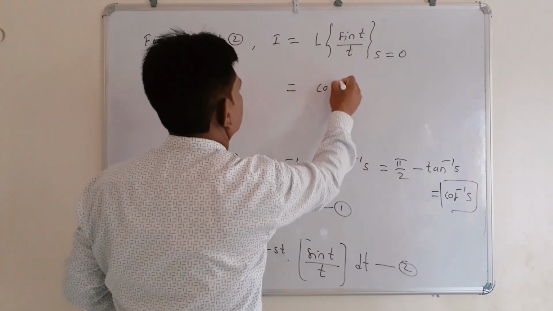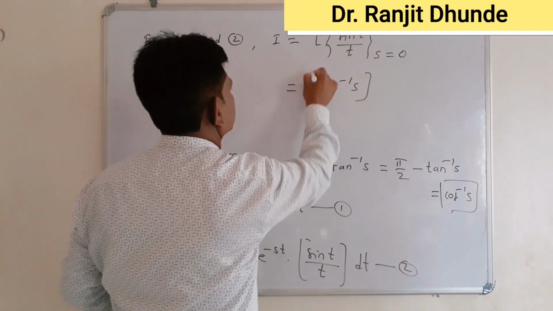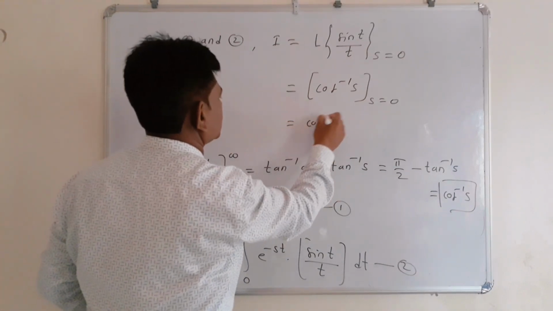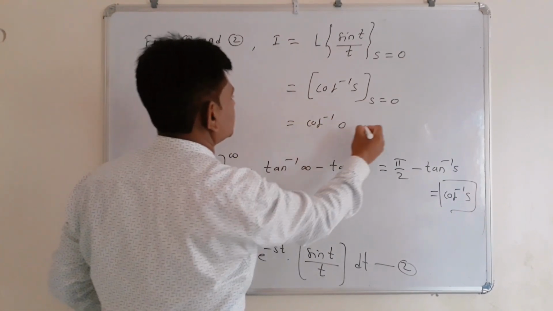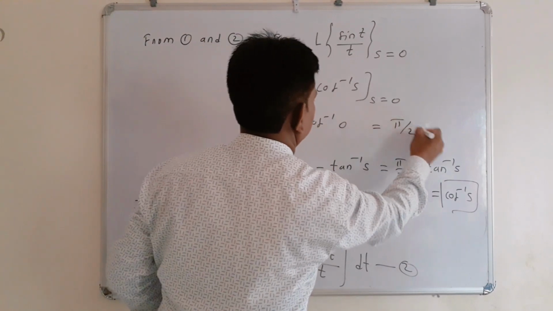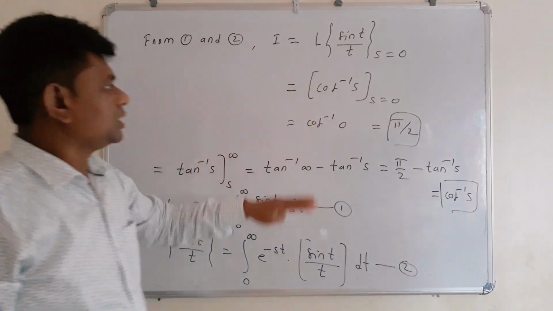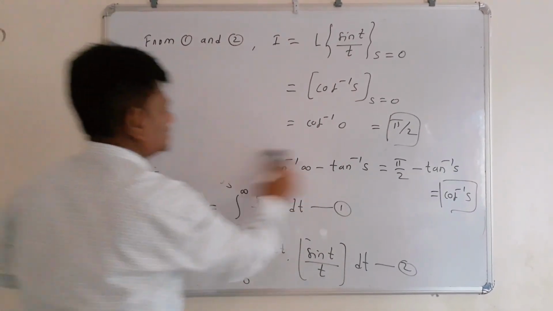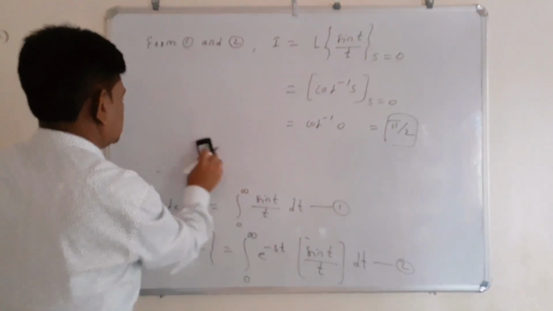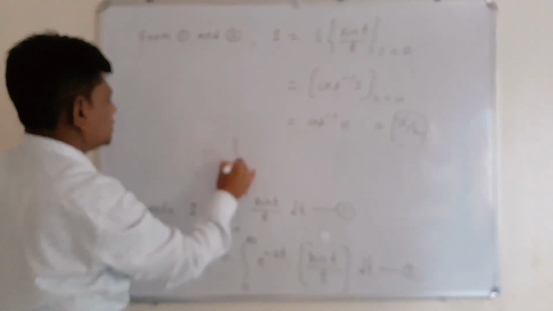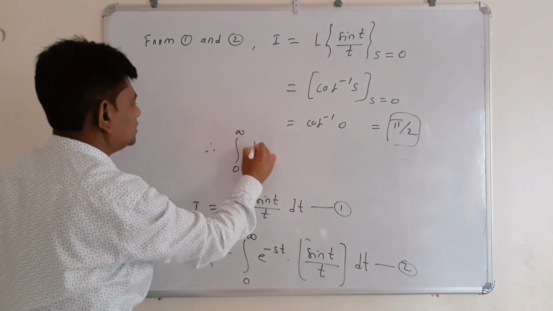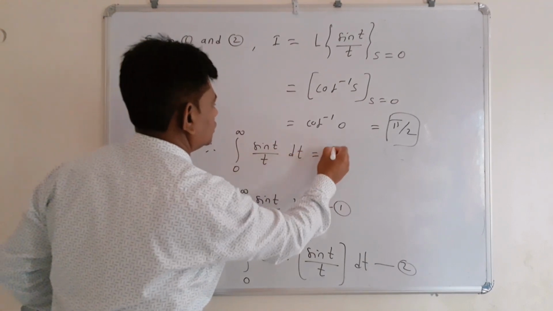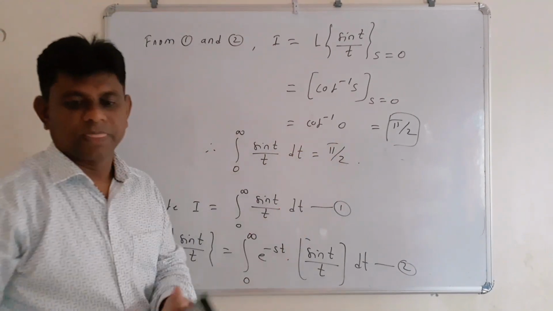So this is cot inverse s at s equal to 0, and therefore the answer is cot inverse 0, and cot inverse 0 is equal to pi by 2. Therefore the integration from 0 to infinity of sin t upon t dt is equal to pi by 2.